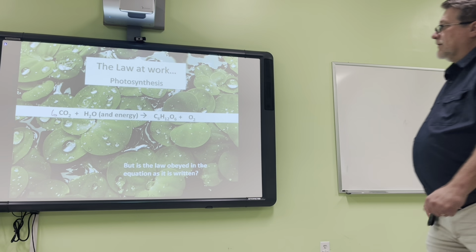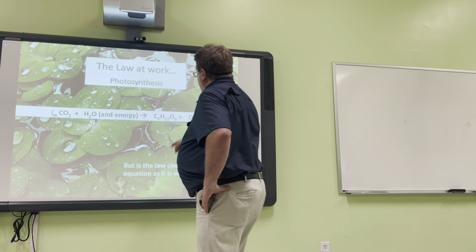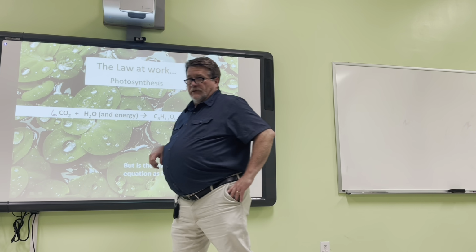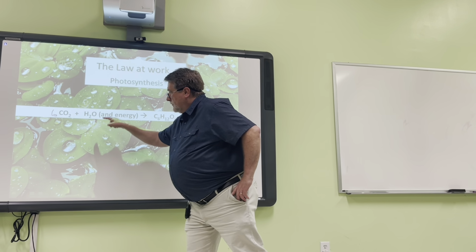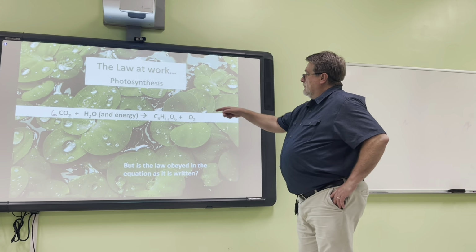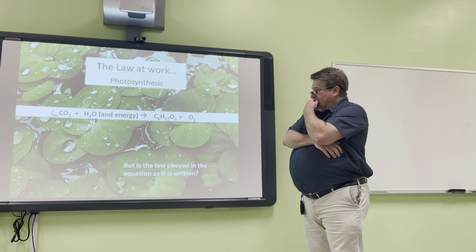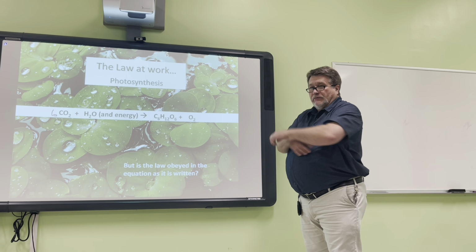It's hard to draw that thing. All right. So now there's 6 carbons over here, there's 6 carbons over here. How many oxygens are on the left side? 1, 2, 3. Okay. How many are over here? 8. What about hydrogens? 2 on that side, 12 on that side.